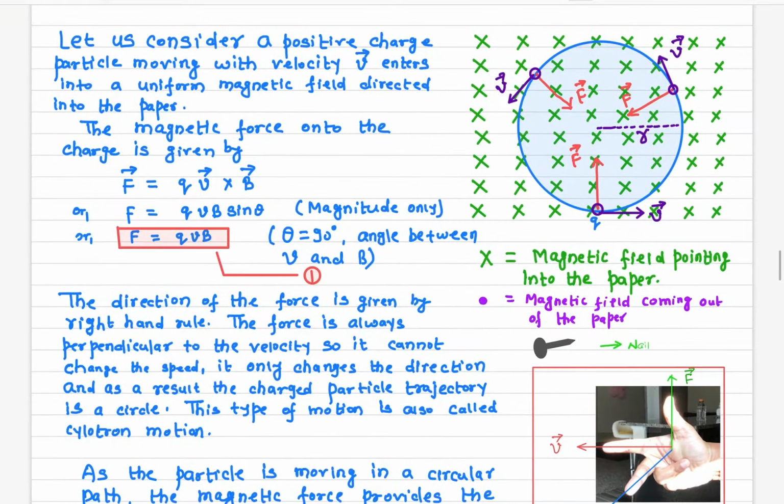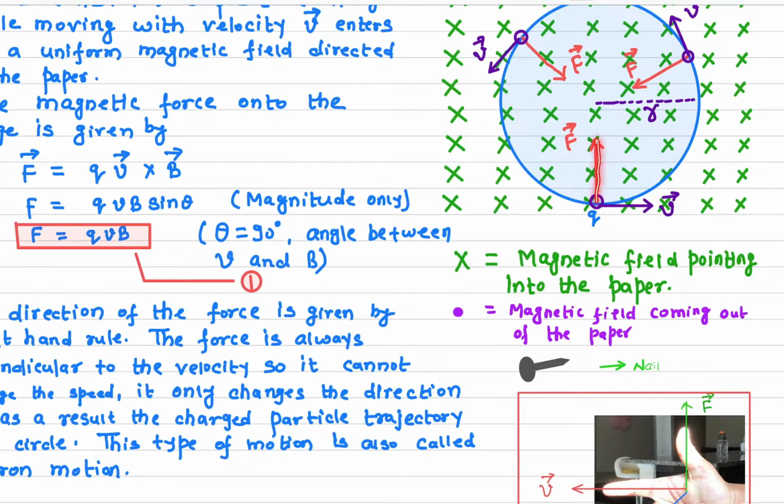But now remember, as this charged particle is moving in a circle, and I might have mentioned many times, nothing in the universe can move by itself in a circle. There must be some force that provides the necessary centripetal force for a charged particle or for any particle to move in a circular path. So in this particular case, the magnetic force is providing the necessary centripetal force.